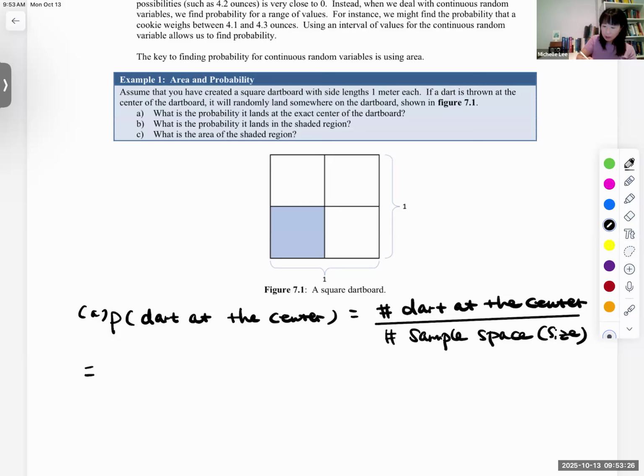There's only one center, right? So only one over. And how many sample spaces are there? There are so many sample spaces.